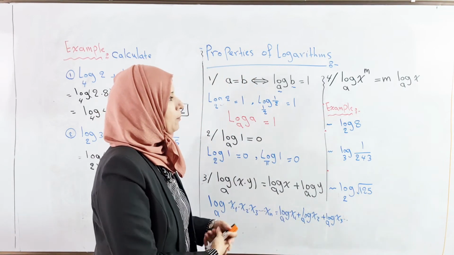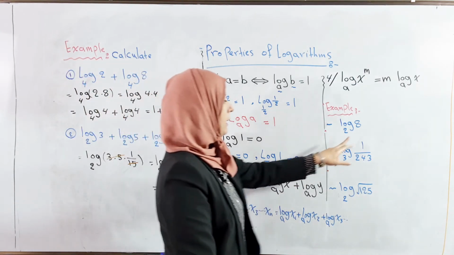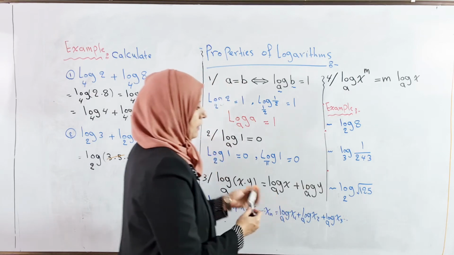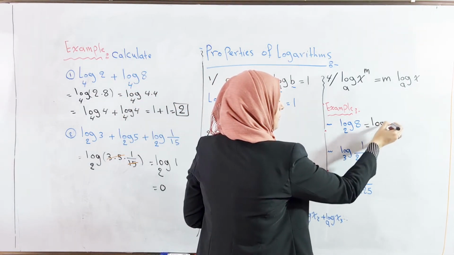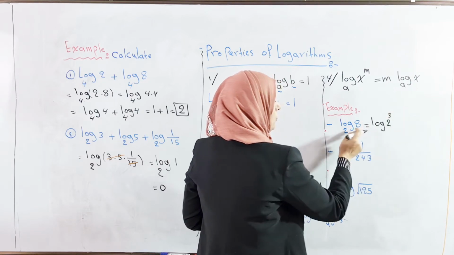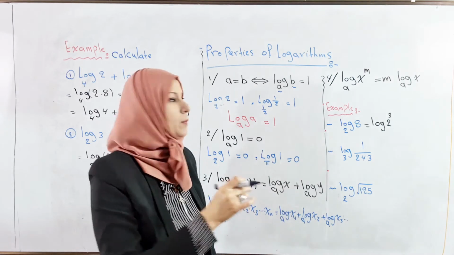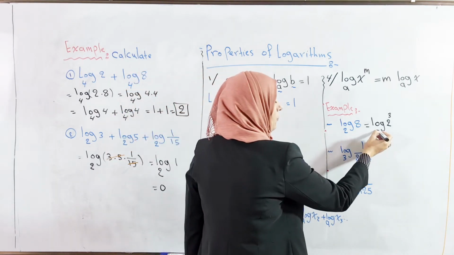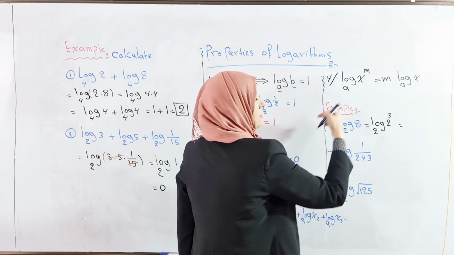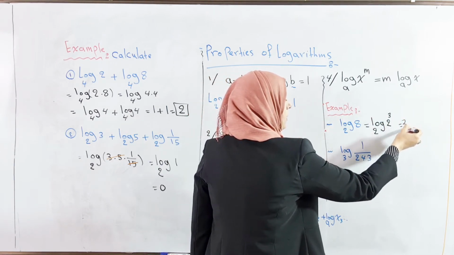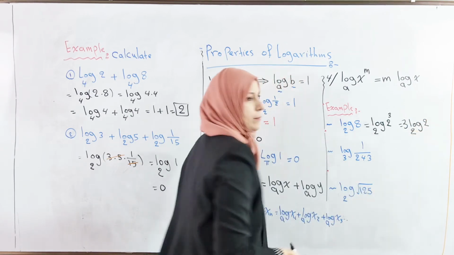Let's take an example about this property. Number 1: logarithm 8 for base 2. We can write it as logarithm of 2 power 3. You know 8 we can write as 2 power 3, which comes from 2 multiplied by 2 multiplied by 2. Then for base 2, we depend on this property, so it will be 3 logarithm 2 for base 2.